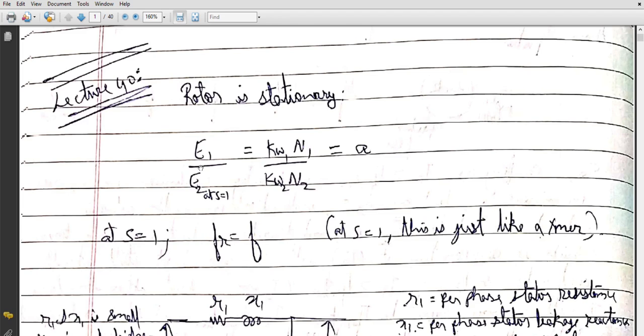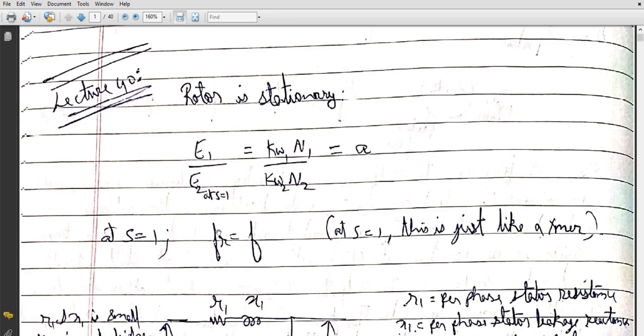Why? Because in an induction machine, the primary side frequency, that is the stator frequency, is always the supply frequency. But the secondary side frequency, that is the rotor frequency, depends on the slip. As soon as the rotor starts rotating, the slip starts changing, and then the rotor frequency starts changing. Here the difference comes.